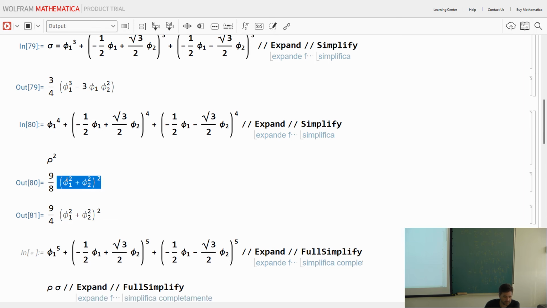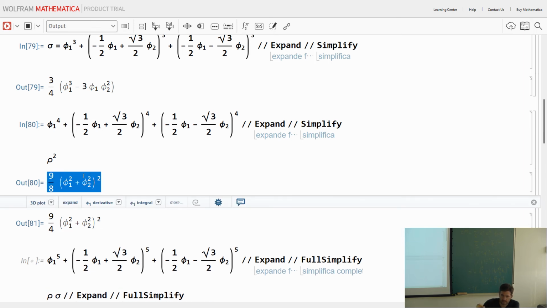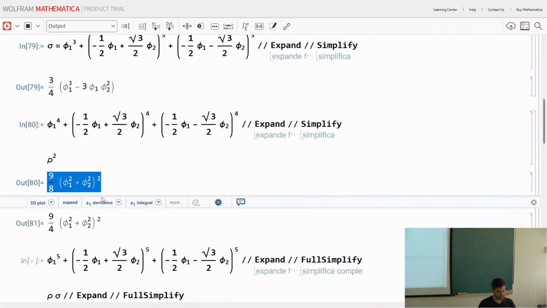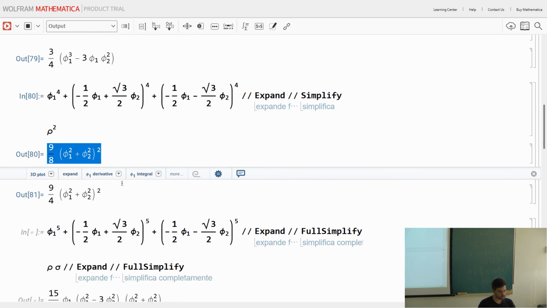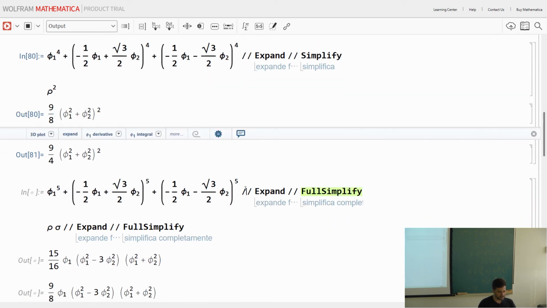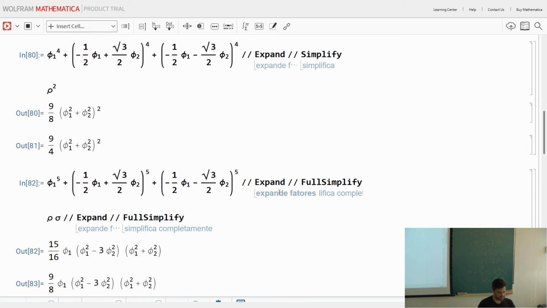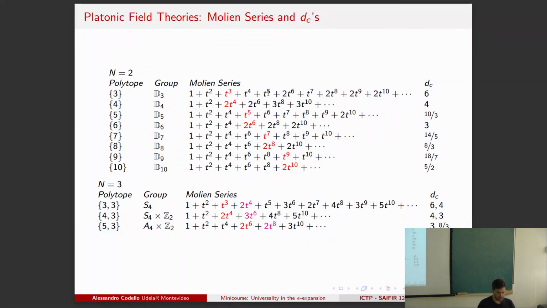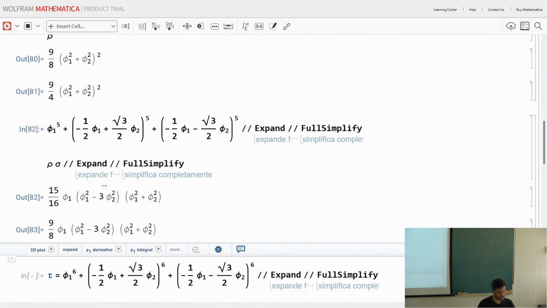This is the outcome, consistent with the table that we made before, because we know that there is only one invariant at order 4, and this can only be the order 2 invariant at the second power. And so you see it's exactly that. But now let's look at what happens at order 5. At order 5 we have only one, and so it can only be the multiplication of this one with this one. And you see that it is exactly like that.